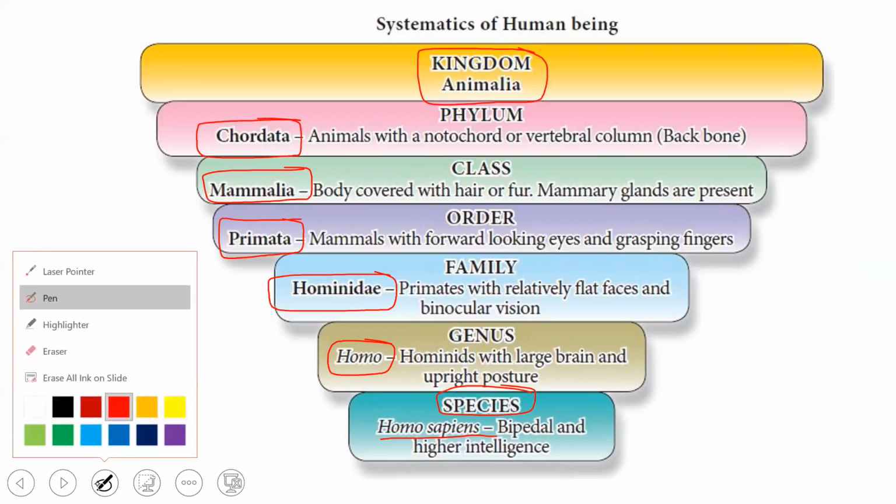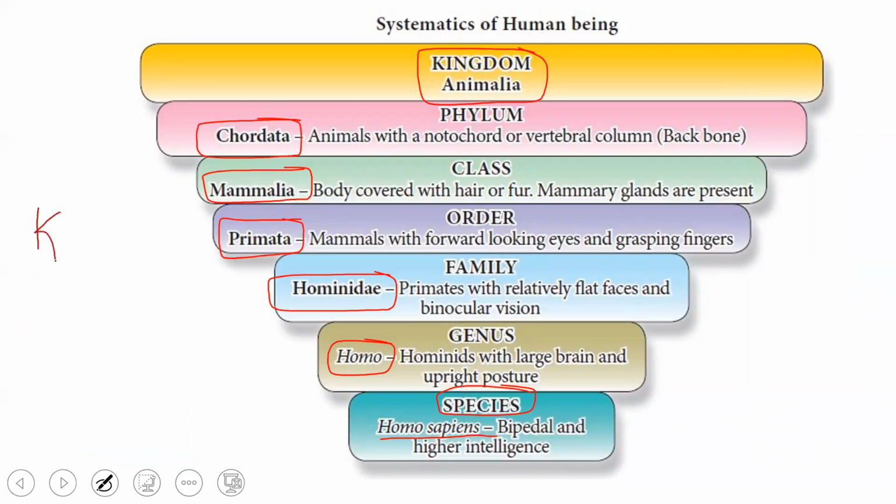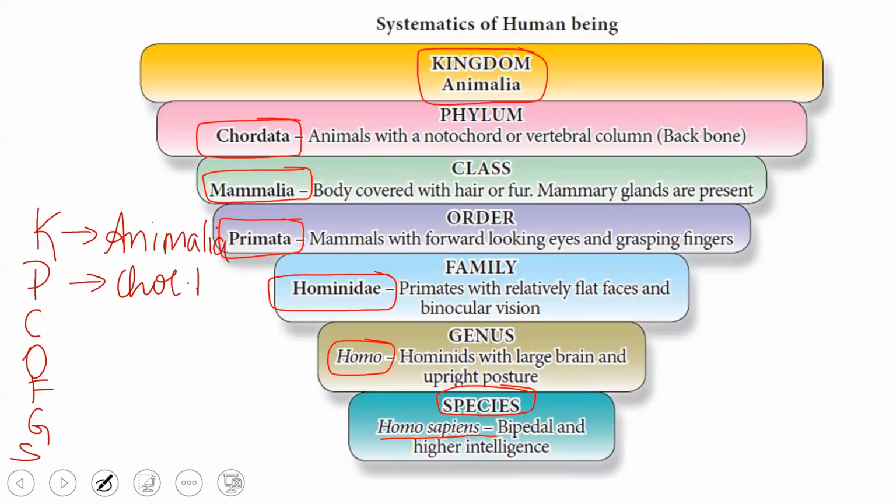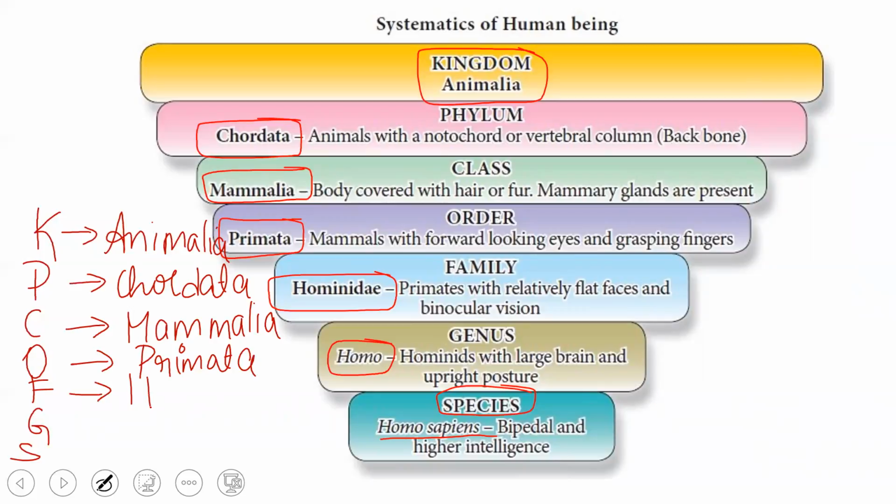So you can just write it as KPCOFGS: kingdom Animalia, phylum Chordata, class Mammalia, order Primata, family Hominidae, genus Homo.